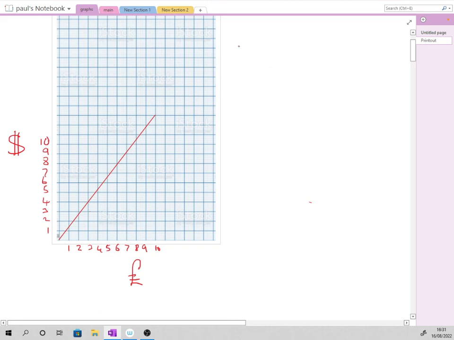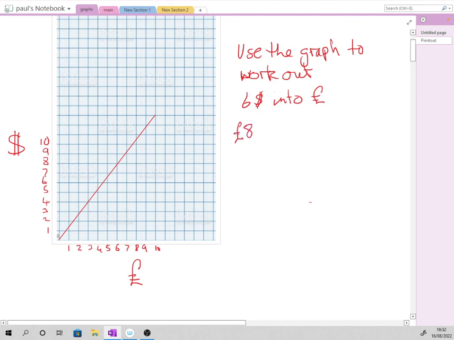And it says use the graph to work out the following. Okay? What $6 is, $6 into pounds, £8 into dollars. All right.